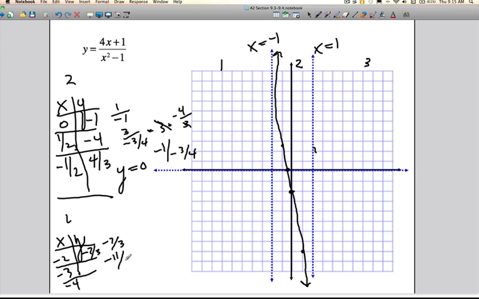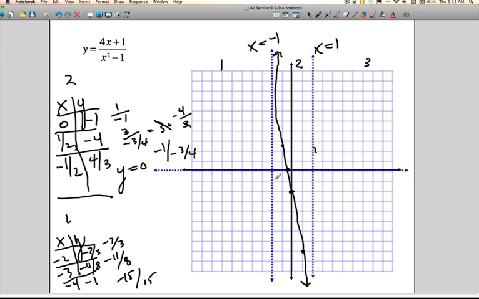Negative 3 squared is 9, minus 1 is 8. So I have negative 11/8. And when I plug in negative 4, I'll have negative 15 over, let's see, 16 minus 1 is 15. So I'll be at negative 1.